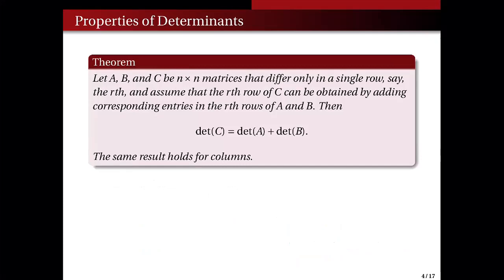Now, assume that the rth row of C can be obtained by adding the entries of the rth row of A and the rth row of B. So all the entries are the same except for the rth row, but the rth row of C is just the rth row of A plus the rth row of B. Then we have the following: the determinant of C is equal to the determinant of A plus the determinant of B. And the same result holds for columns.